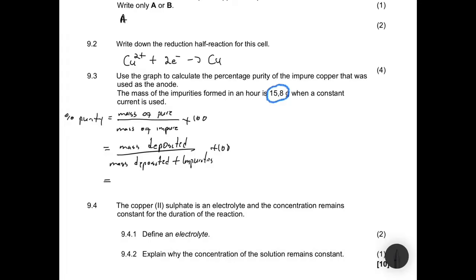So we're gonna have mass deposited, which we're going to find, divided by 15.8, that is for impurities, right? Plus mass deposited again. We're still multiplying this entire number by 100. So now our duty is to find the mass deposited, right?